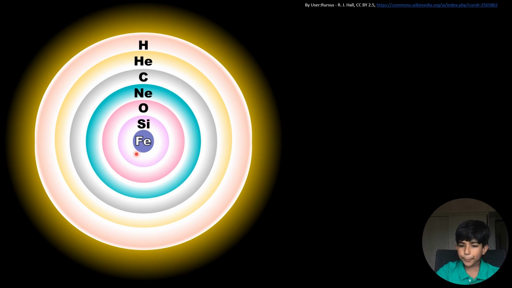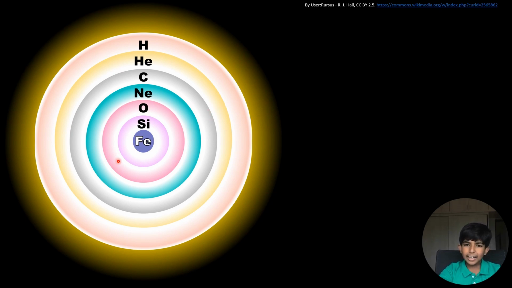But now iron is the most stable, so from this, no more energy can be created. A star will fuse iron anyway, but iron fusion takes away energy. And a star always has to have enough pressure from radiation and heat coming out to match the gravity coming in.